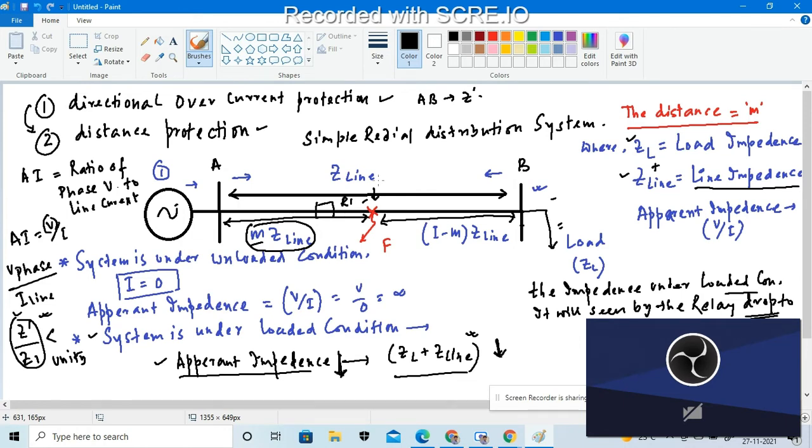If we have an impedance Z equal to x plus jy, this j is there whenever we calculate line impedance, and j represents the complex number. So if the impedance is a complex number, the distance protection is inherently directional, obviously.